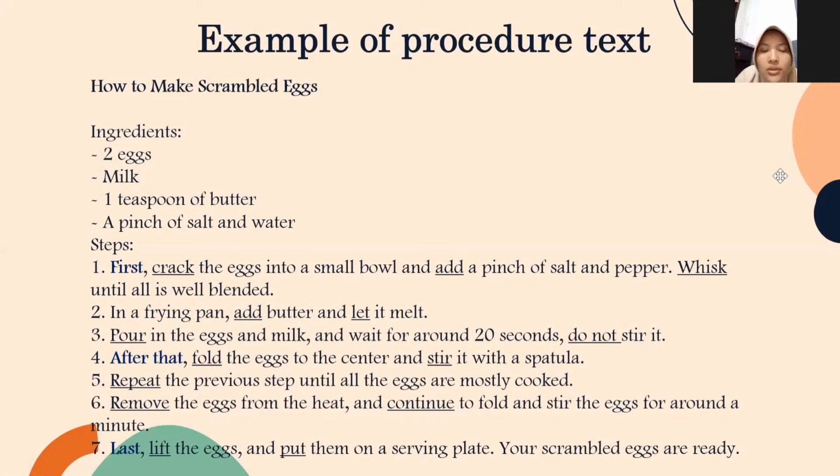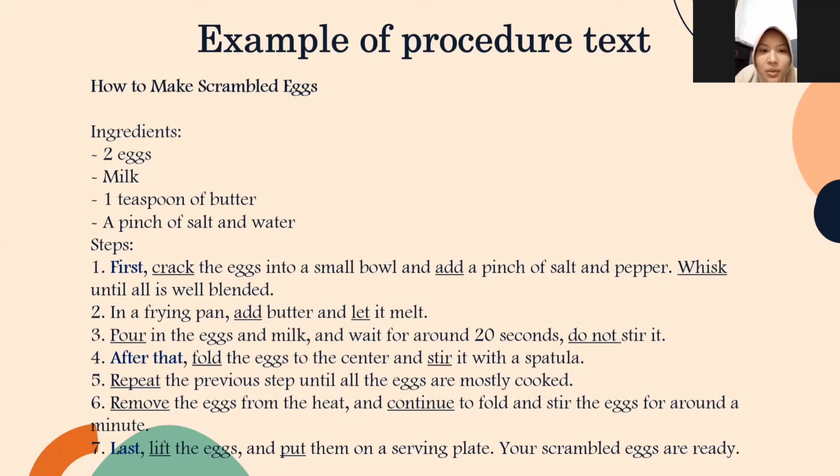The second structure of this procedure text is ingredients. As we can see here, the ingredients are 2 eggs, milk, 1 teaspoon of butter, a pinch of salt, and water. We can conclude that all this material is the ingredients because to make scrambled eggs, we need these ingredients. The last structure is steps.